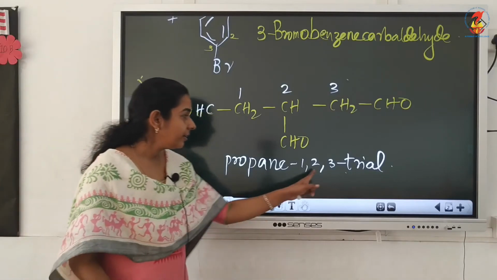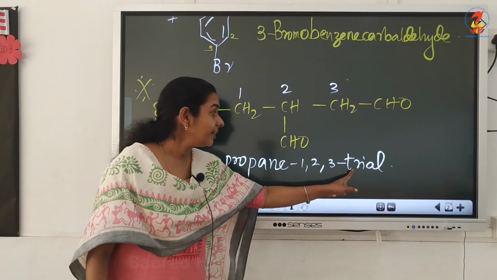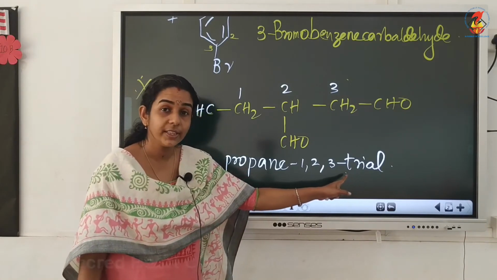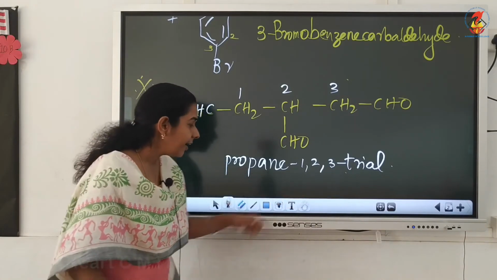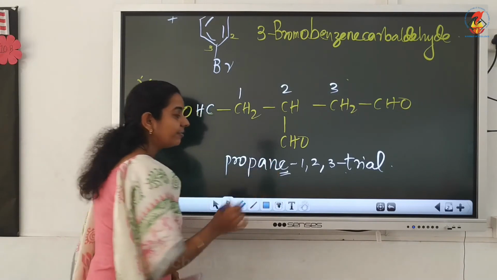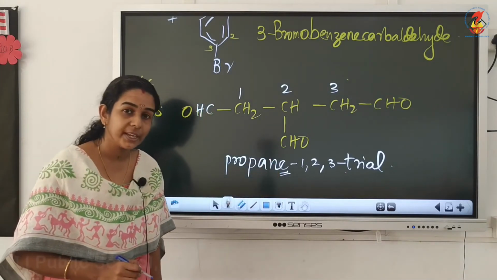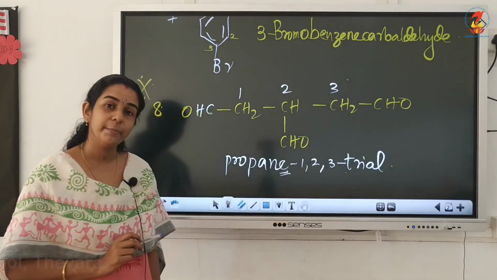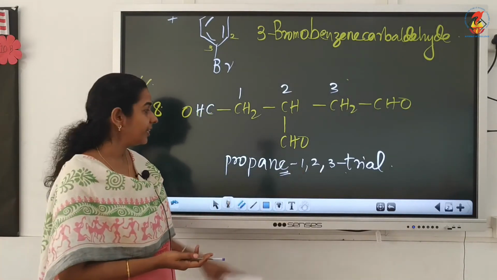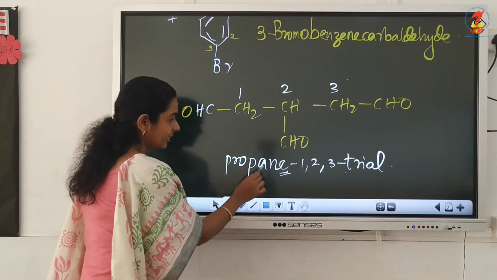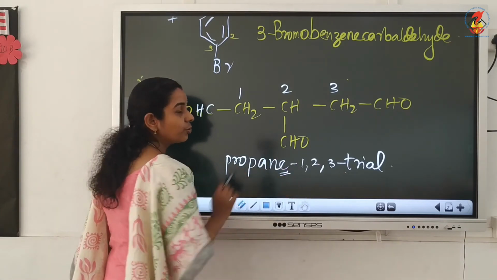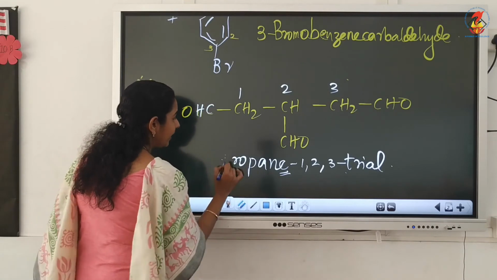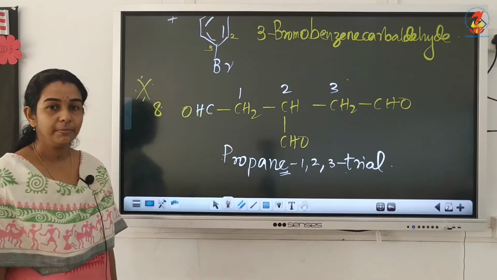Remember, when we are using di or tri along with the suffixes, we have to retain the e, which we write along with the primary suffix. So, when there is di or tri coming with the secondary suffix, retain the e. So, it is propane-1,2,3-trial. First letter should be capital. So, name ready.